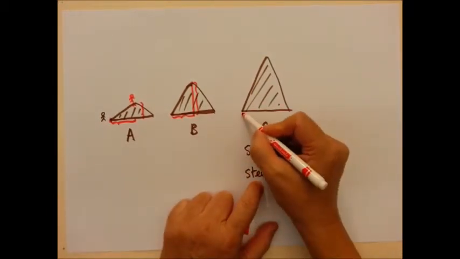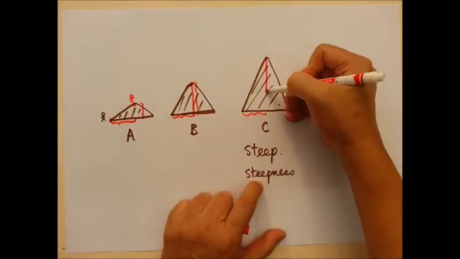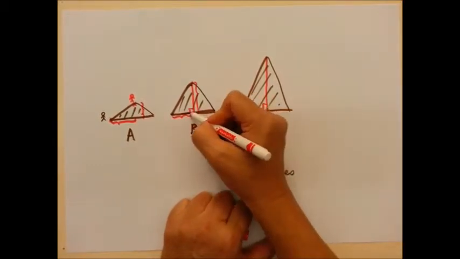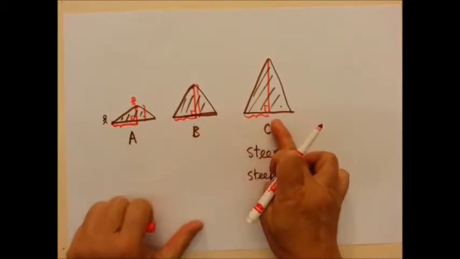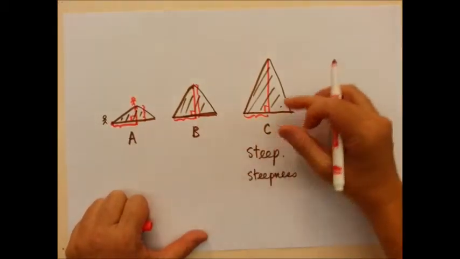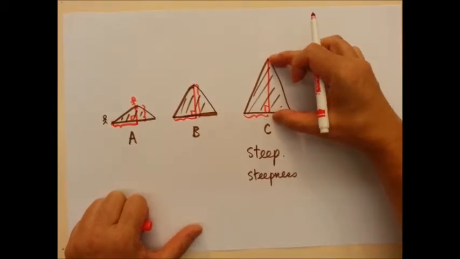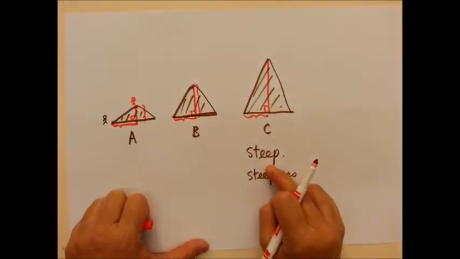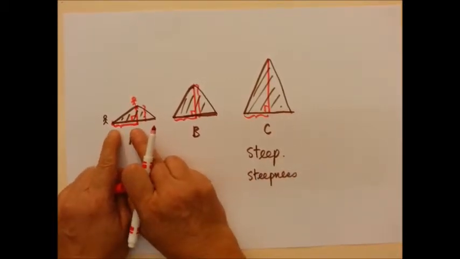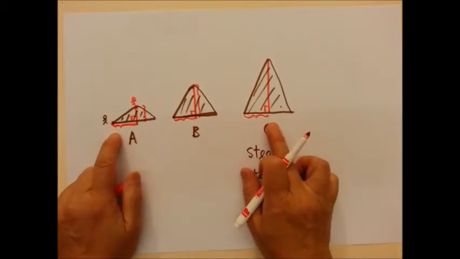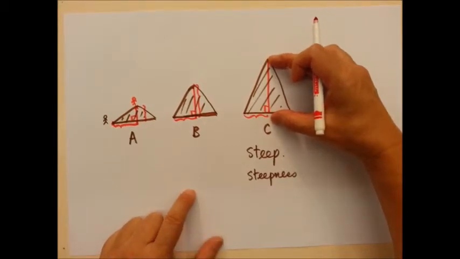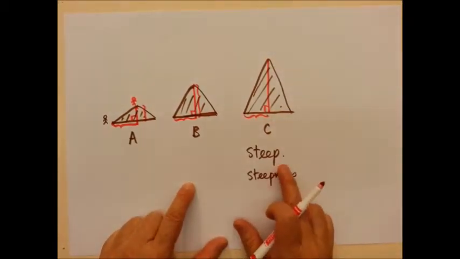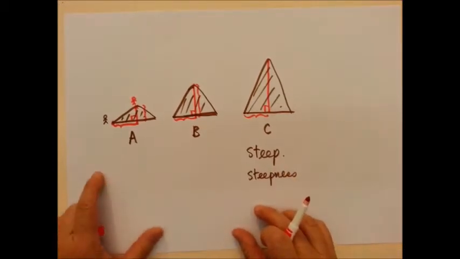How about this one? The horizontal distance and then the vertical distance. You can see that the horizontal distances are the same, but the vertical distances are not the same. The bigger the vertical distance, that means the hill is more steep.